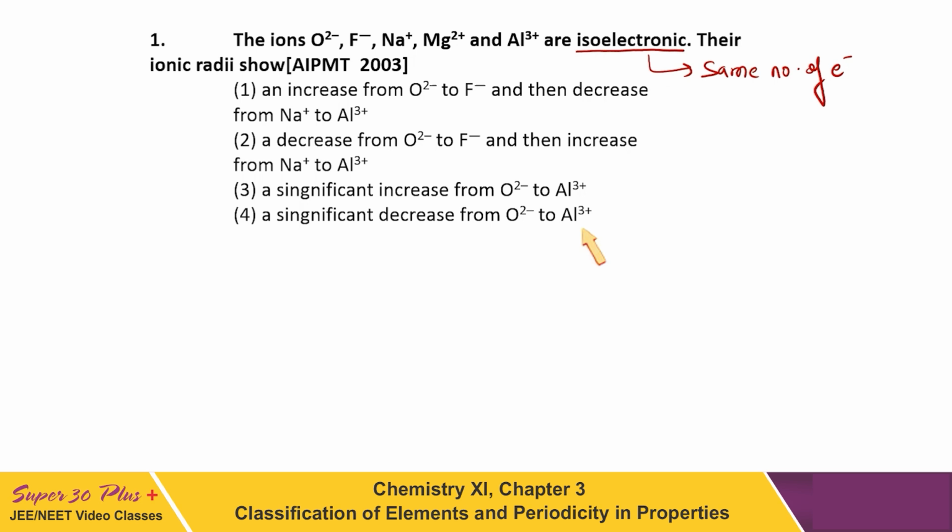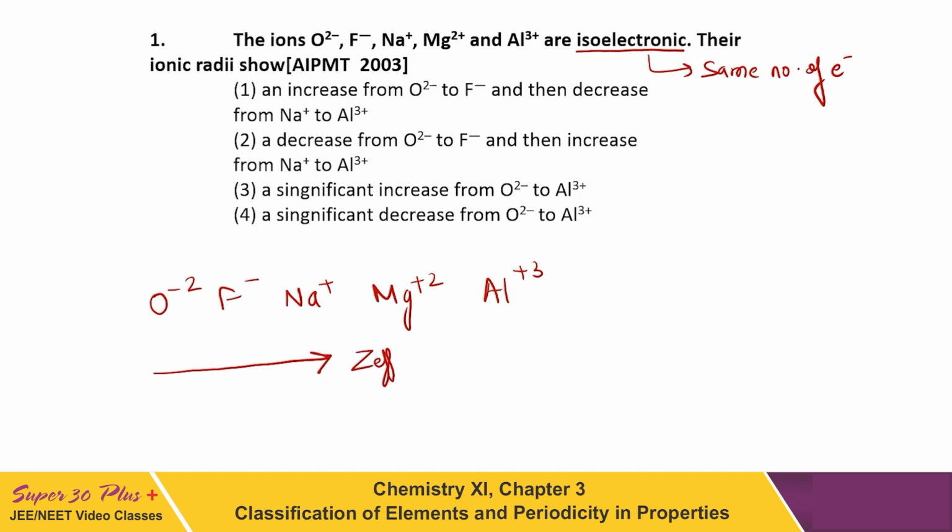Now if you draw all these species, O-2, F-, Na+, Mg+2 and Al+3, you see students, as we move left to right, Z effective, means effective nuclear charge, increases.